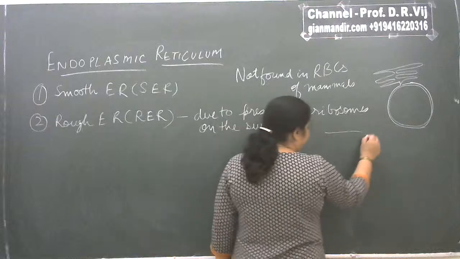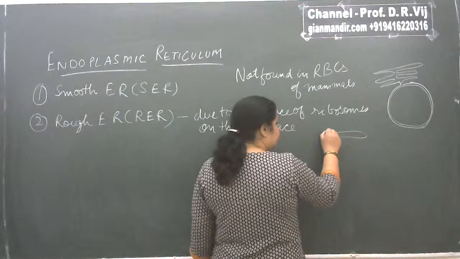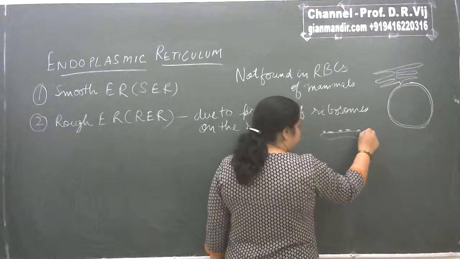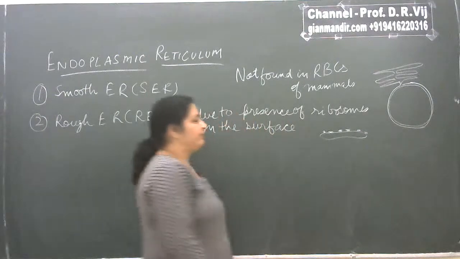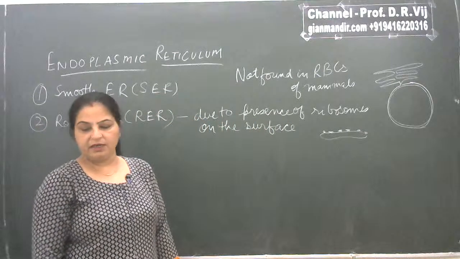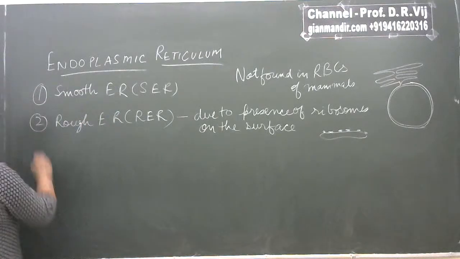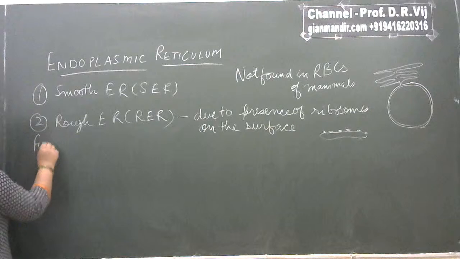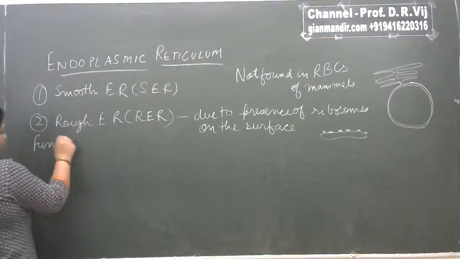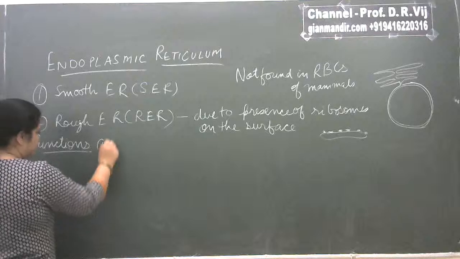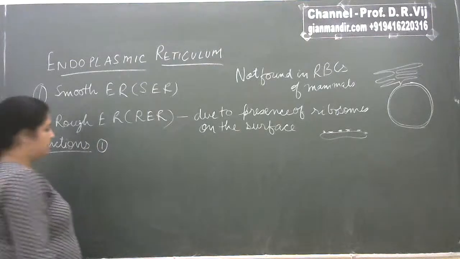If we look at the surface of rough endoplasmic reticulum, you can find bead-like structures attached to it, and what are these bead-like structures? They are nothing but the ribosomes, right? So if we look at the functions of endoplasmic reticulum, it performs some very important functions in the cell.